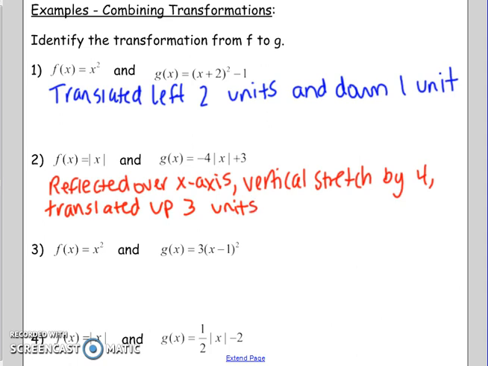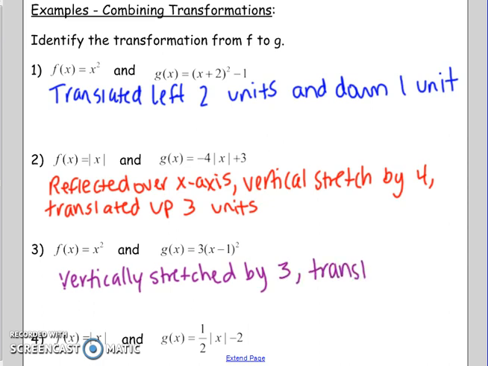Okay, number 3. You have a 3 on the outside, so this is going to be a vertical stretch, vertically stretched by 3. And then you have a minus 1 on the inside, so it's translated to the right 1 unit.